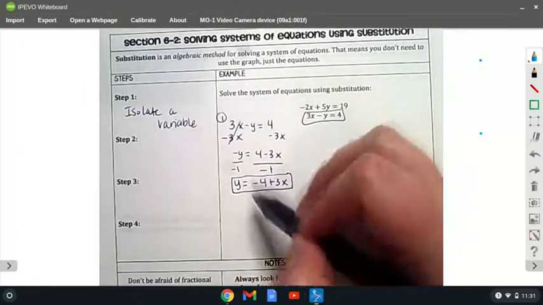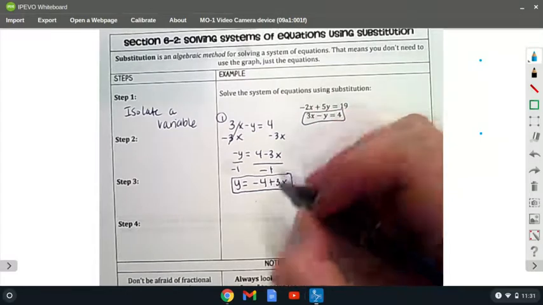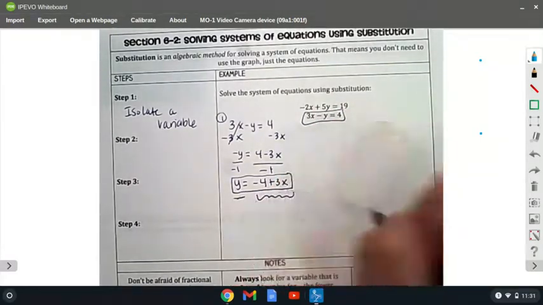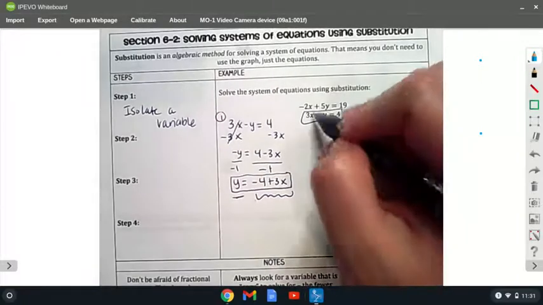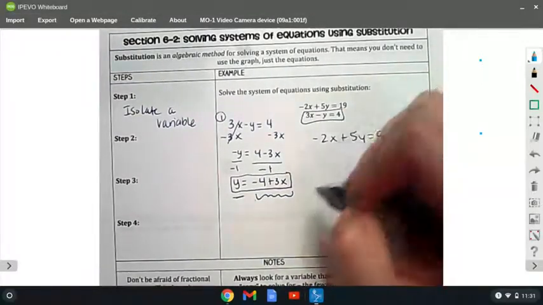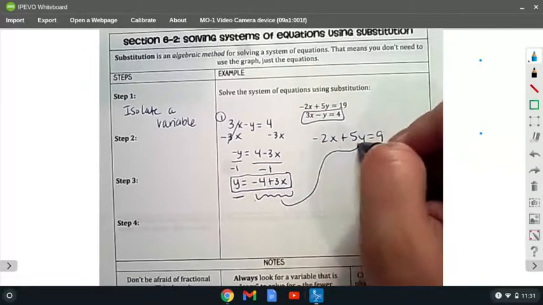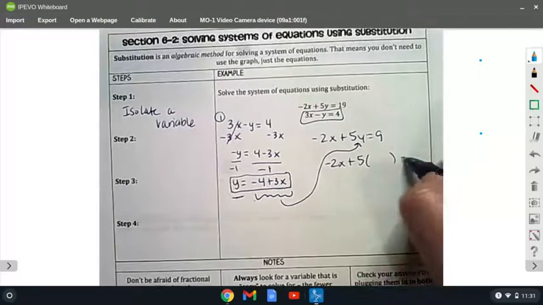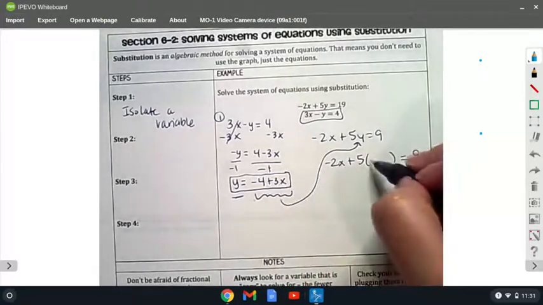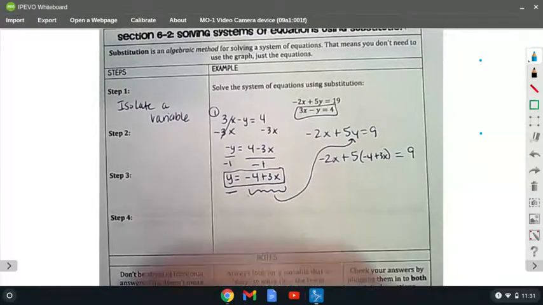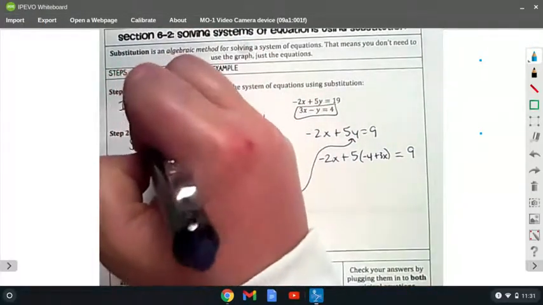Now I have this y isolated. So this right here is equal to y: negative 4 plus 3x. So I can take that top equation and I can plug this in for y. I'm going to leave some room here in parentheses, and I'm plugging in this negative 4 plus 3x so I can substitute.